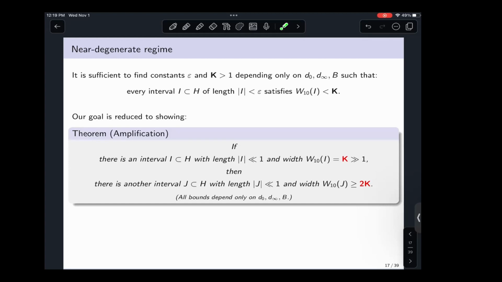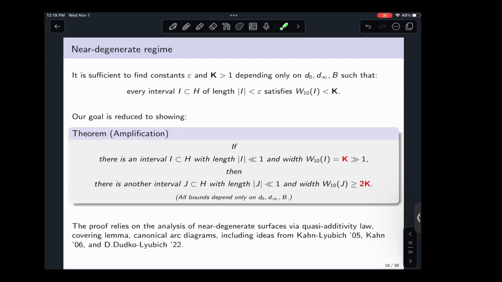So just a quick note on the proof. I'm not going to go into details, but the main ingredients here is the analysis of near-degenerate surfaces that was initially introduced by Lyubich and Jeremy Kahn, and there's also recent work by Dudko and Lyubich.